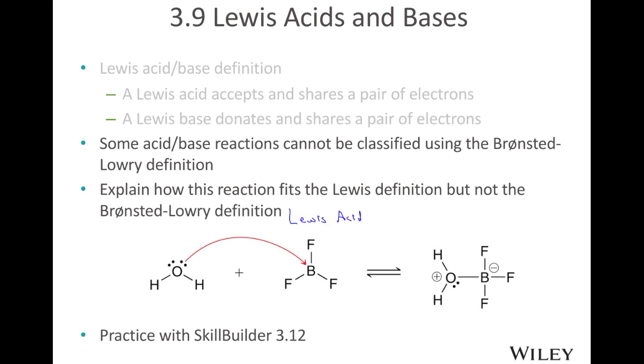Okay? And the water is donating a pair of electrons, so this is my Lewis base. But it says here it does not fit the Bronsted-Lowry definition. Why is that? Well, I can see that my Lewis acid is definitely not donating a proton. So you can see how we have to use the Lewis acid and Lewis base definitions to define what's going on in this acid-base reaction.